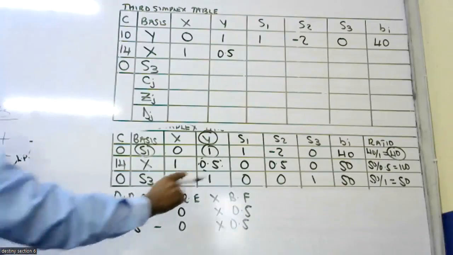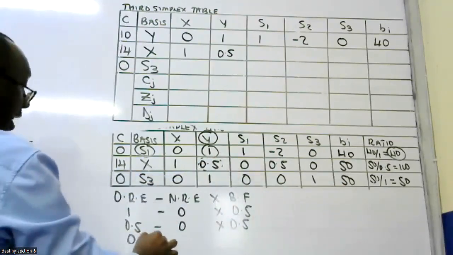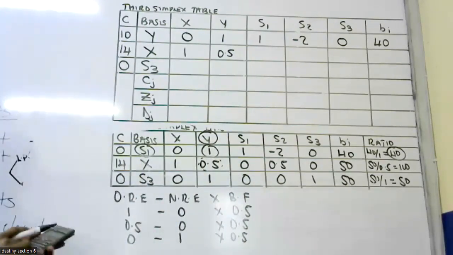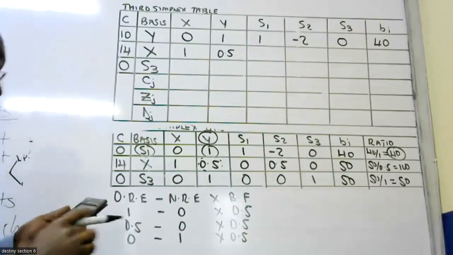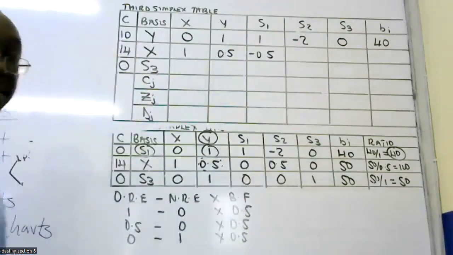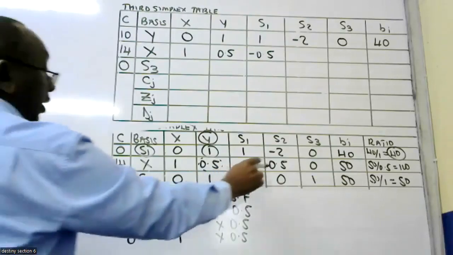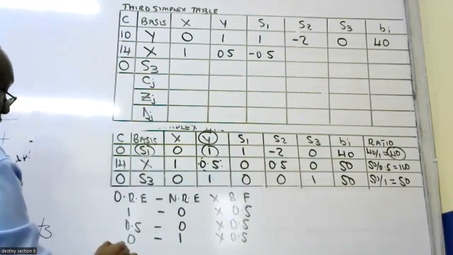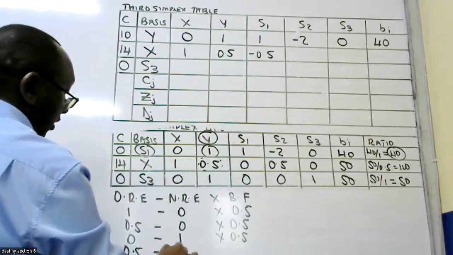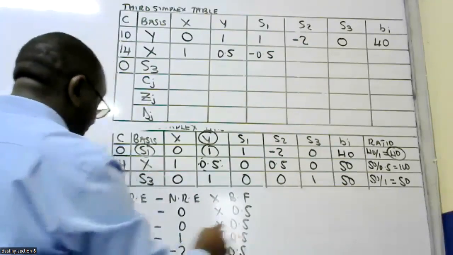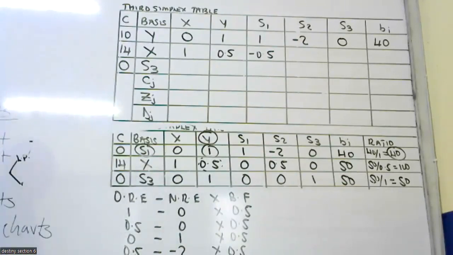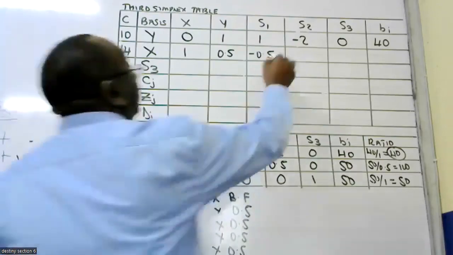So I come to the third one here, 0 minus 1 times 0.5 is negative 0.5. Aya, huyo mwingine ni huyu, 0.5 minus huko niko na negative 2 times 0.5. So utasema 0.5 minus 2 times 0.5, and I'm getting 1.5.